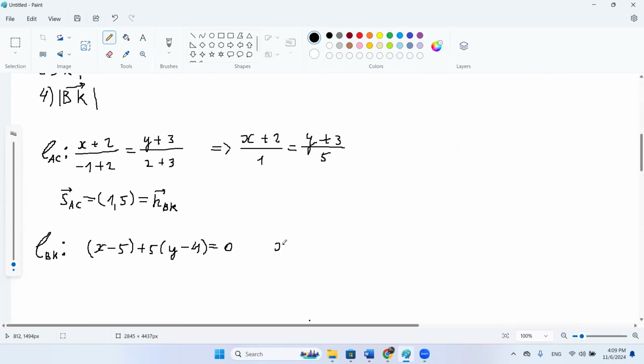And let's expand the brackets: x minus 5 plus 5y minus 20 equals 0. So finally x plus 5y minus 25 equals 0.